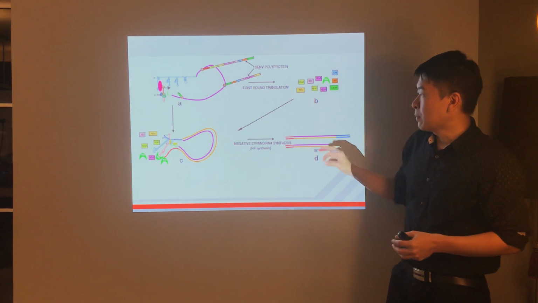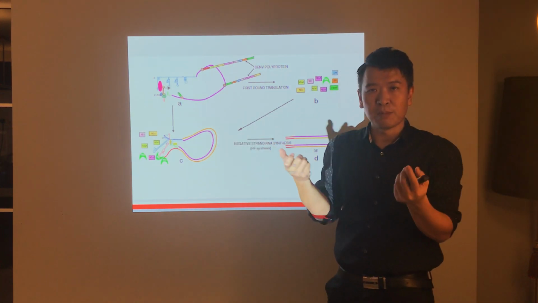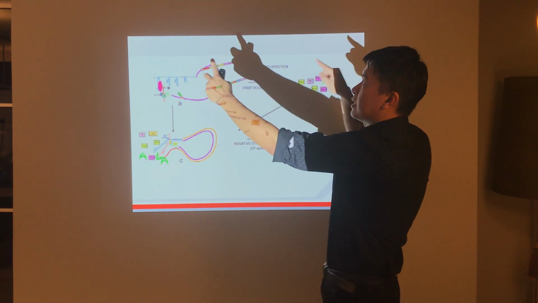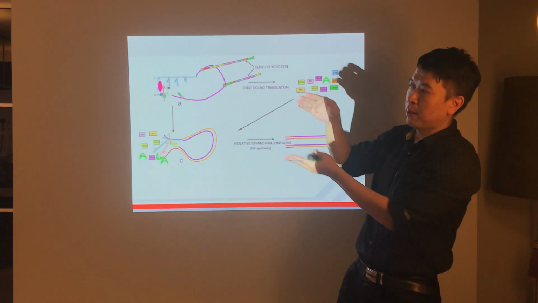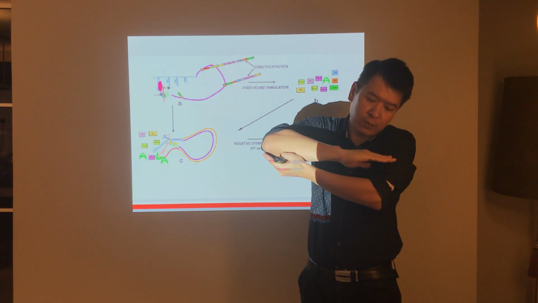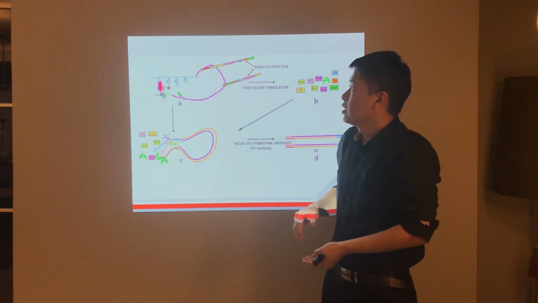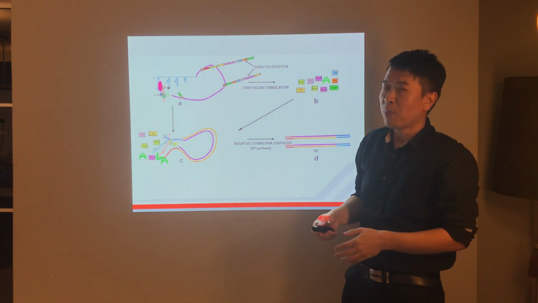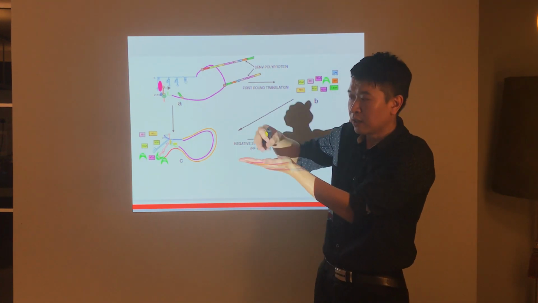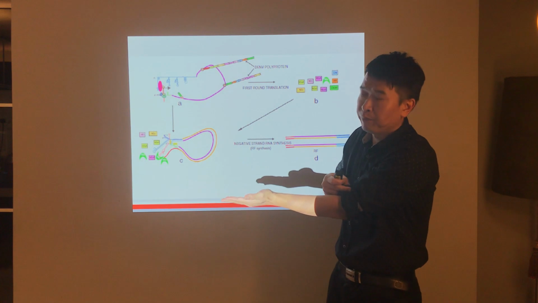So now what we are producing is a double-stranded RNA, which we call the replicative form. You have one strand that is 5' to 3', and another strand that is 3' to 5'. The one used as a template to synthesize more positive strands is the negative strand, the one 3' to 5'.